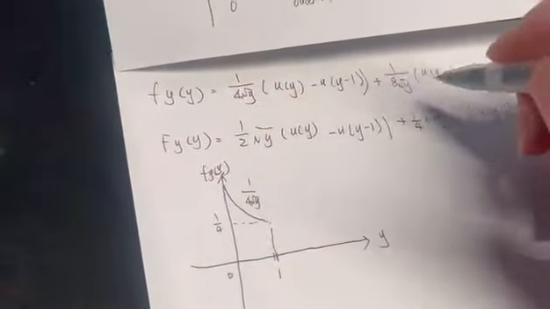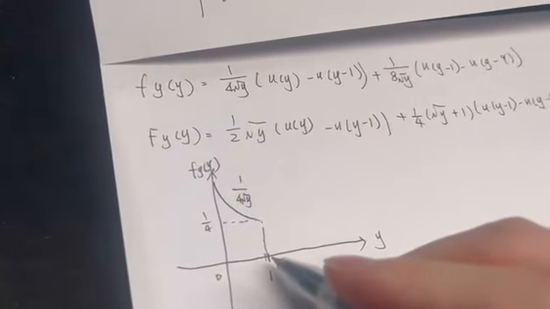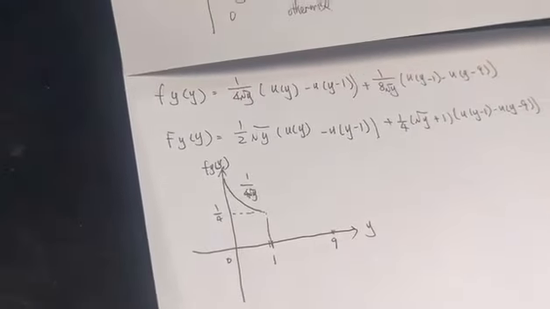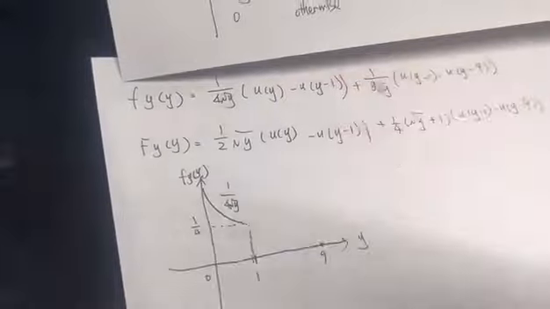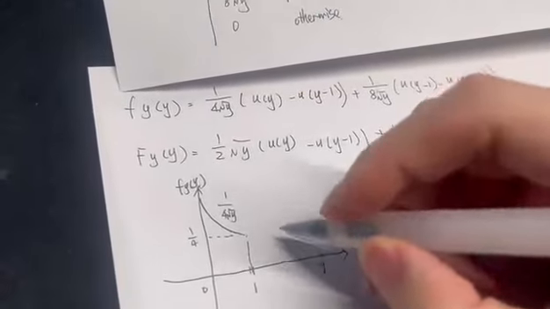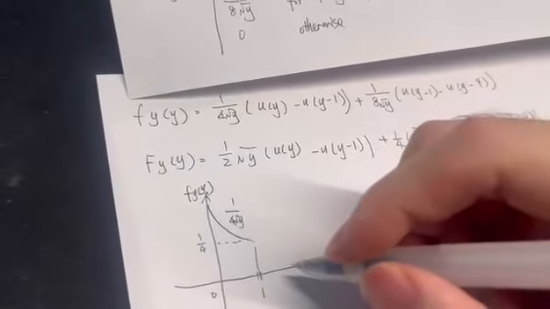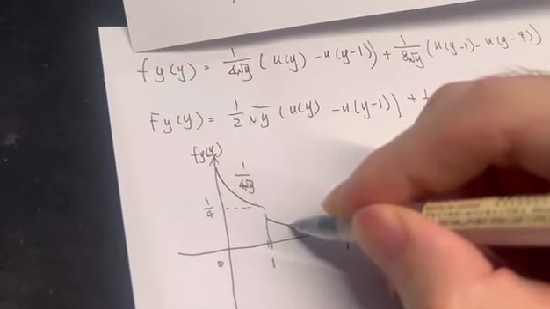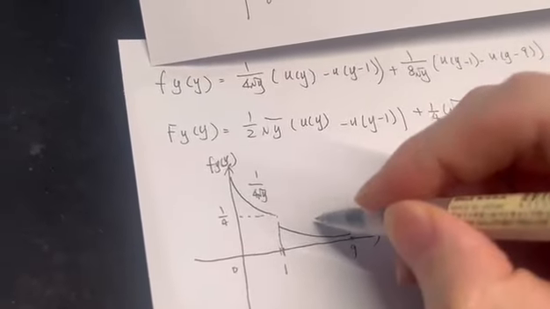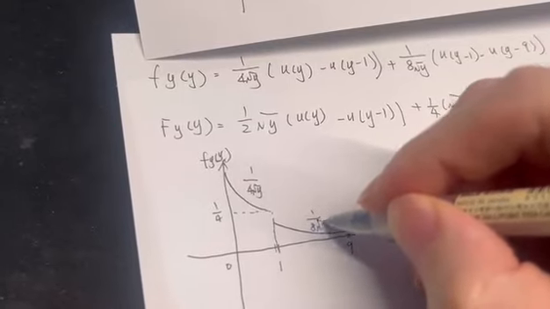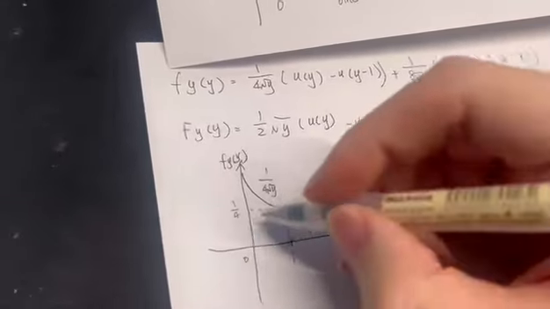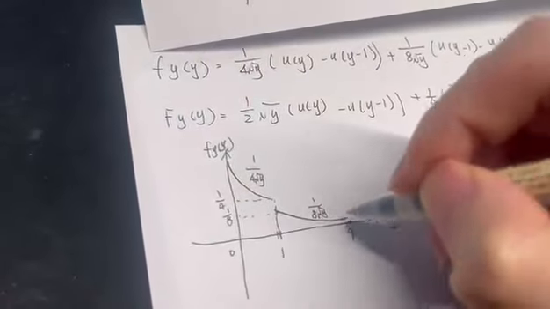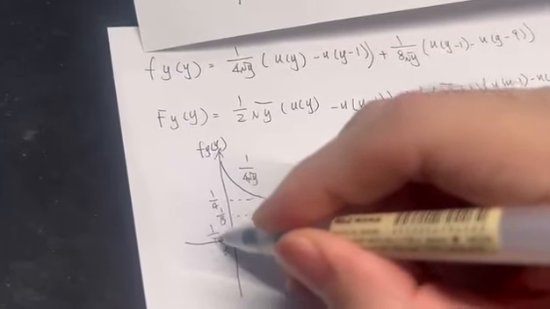And then from the range 1 to 9, it will look like this function, 1 divided by 8 times 2 times square root of y. So it will look like this. And the intersect value here is 1 divided by 8, and the intersect value right here is 1 divided by 72.